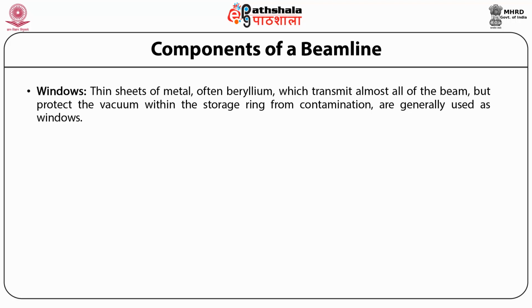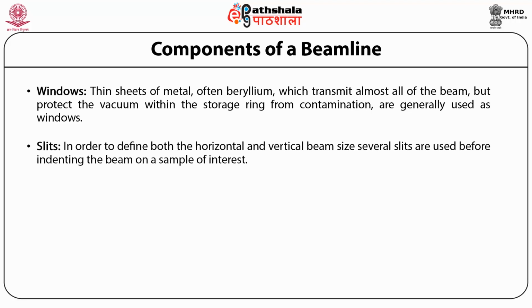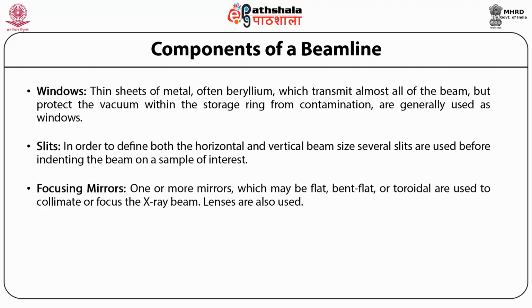Third component are the slits. In order to define both the horizontal and vertical beam size, several slits are used before incidenting the beam on a sample of interest. Fourth component is the focusing mirrors.